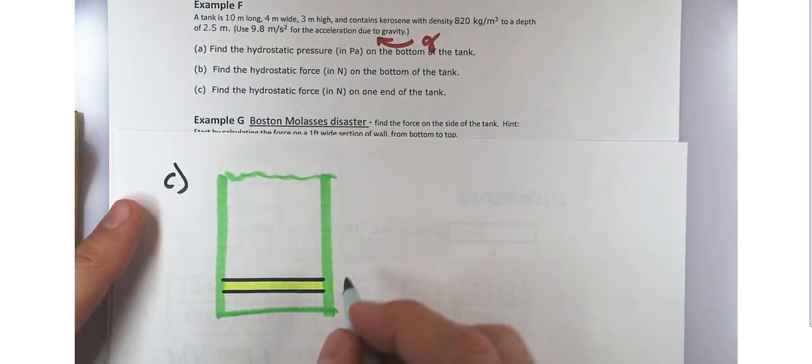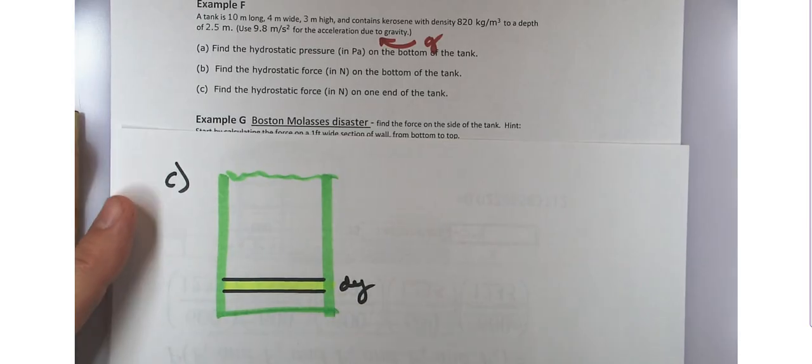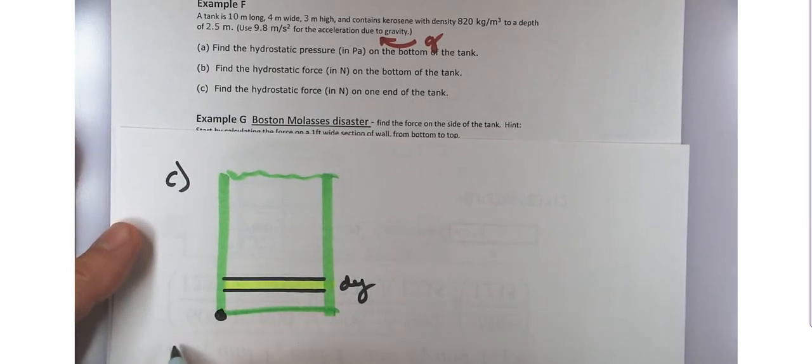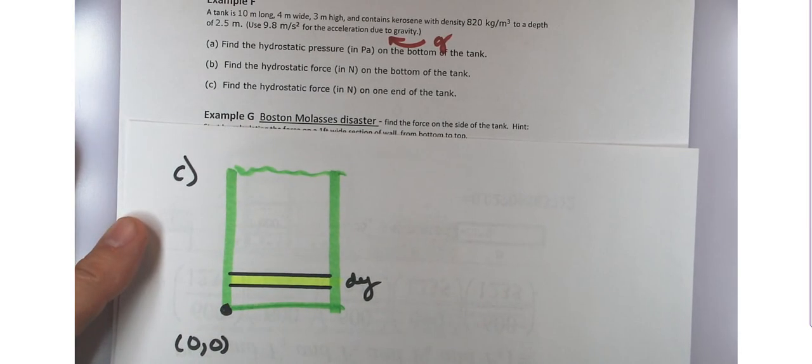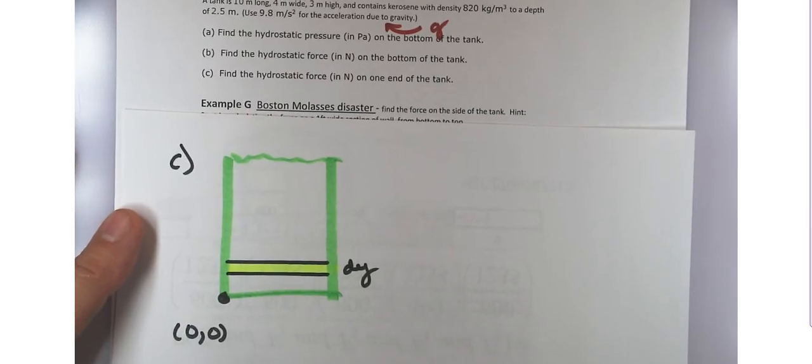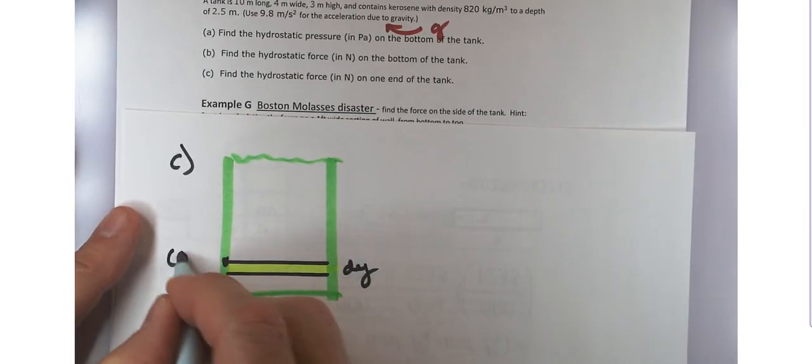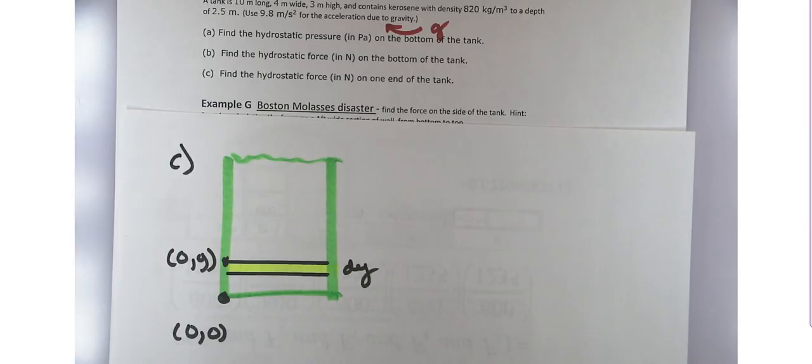So that slice is going to be dy. This time I'm going to put the origin over here, 0, 0. This point is going to have height of 0 and y. I don't think the origin location really matters too much for these early problems. It is going to be something you're going to want to pay attention to later.